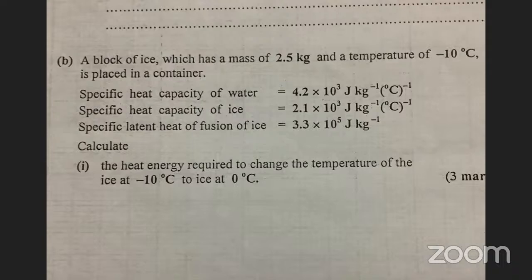Take your time, right? Find the energy, use the right formula, and then let's see how this works out, right? So you have part 1 and 2 to do.